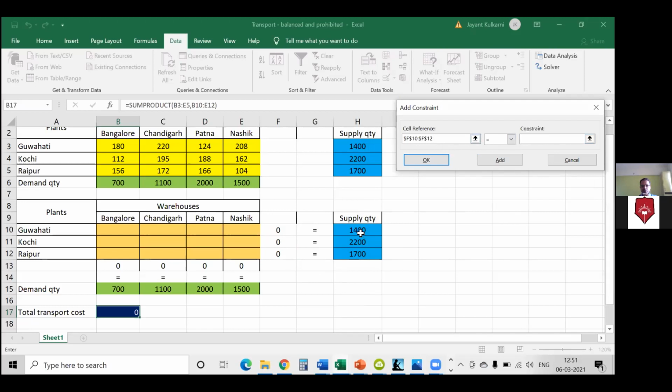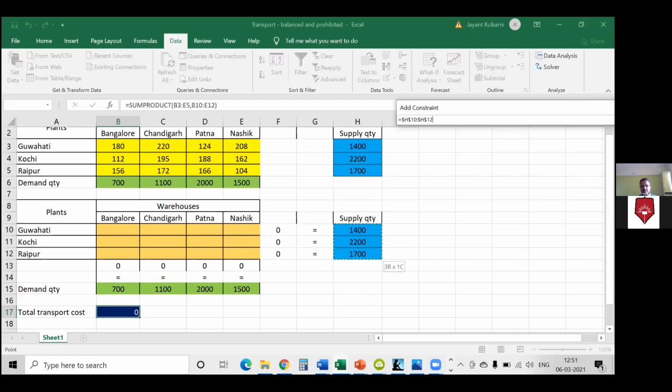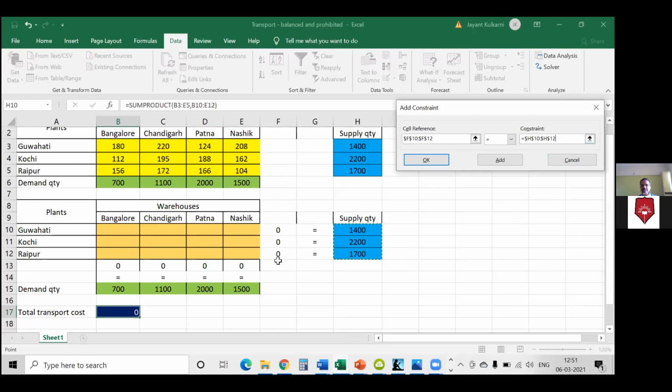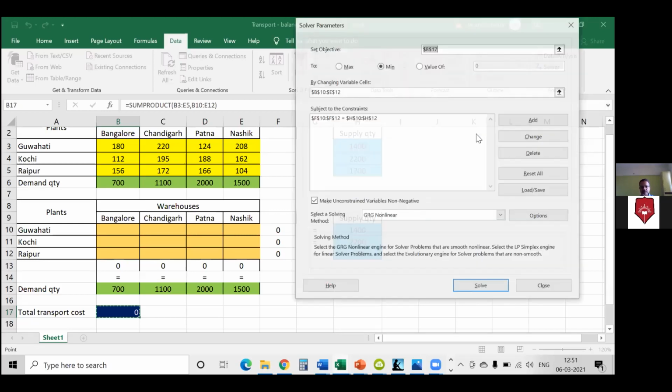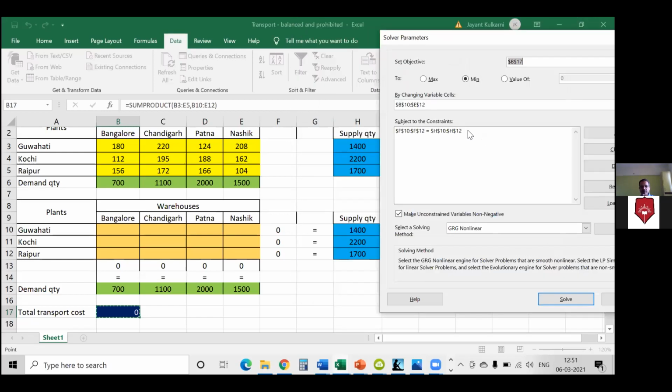And these three cells should match these three cells. That is how I capture the set of constraints. Once I've done that, I click on OK. As you can see, the first set of constraints has been added. This is my set of constraints on the supply side.